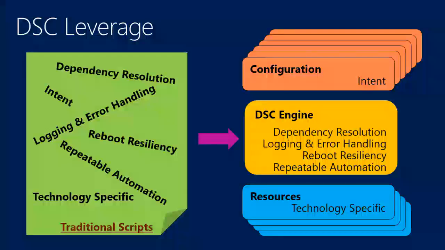And everything in between is handled by the DSC engine. So it gives you nice layering. Most of the redundant stuff about logging, error handling, reboot resiliency, etc., the engine takes care of, and you can write lots and lots of configurations, and your system is configured the way you want it.